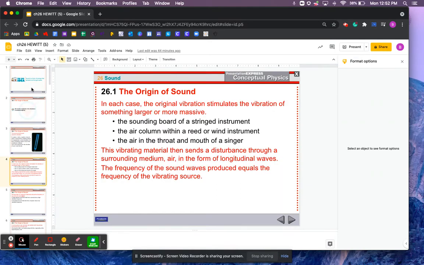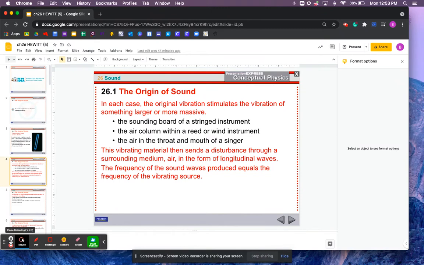Now, in all cases, doesn't matter what you're talking about, the original vibration stimulates something more massive. If you think of my vocal cords vibrating, that vibration is causing the air around to vibrate as well, and that vibrating air also causes the sound to occur.